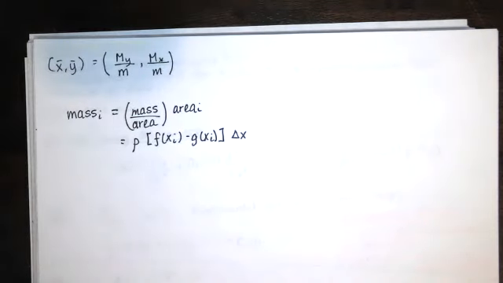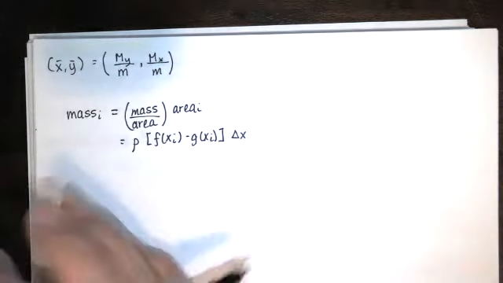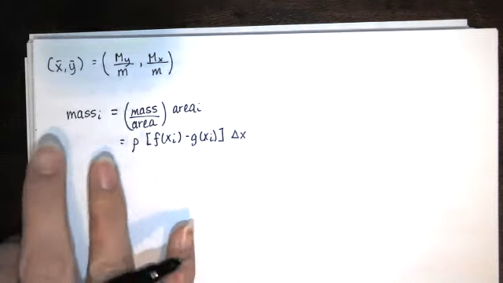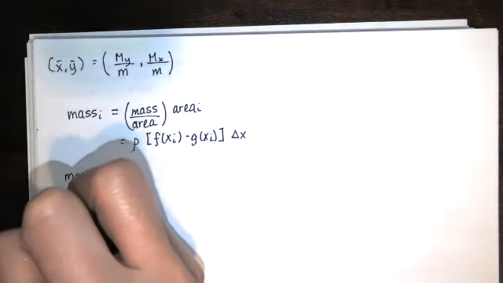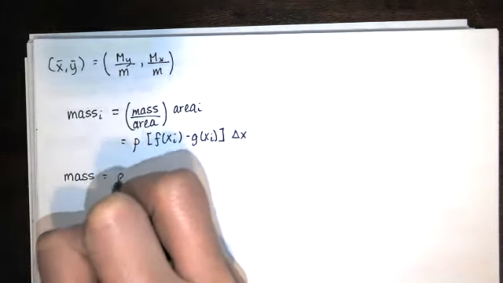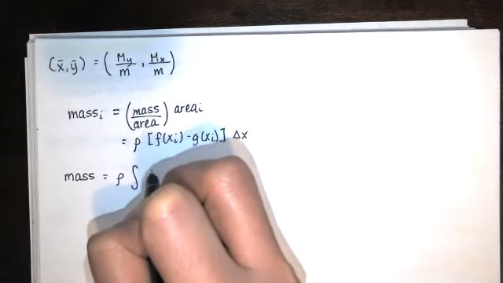Now, if I want the total mass, I'll take all of those rectangles, find their masses, and add them up, and I'll take the limit as delta x goes to 0, or if all those delta x's are the same size, you can let the number of rectangles go to infinity. And so we end up with rho times this integral.